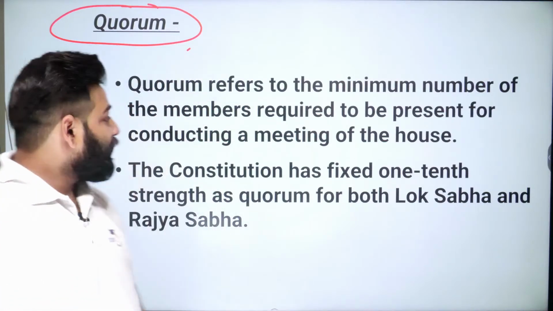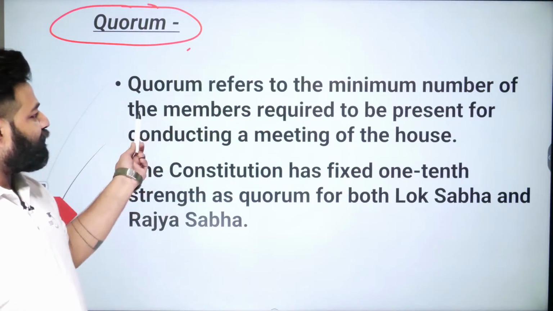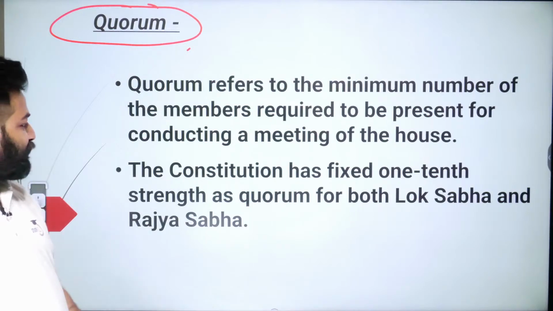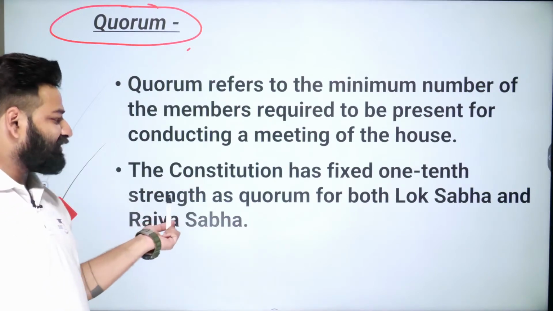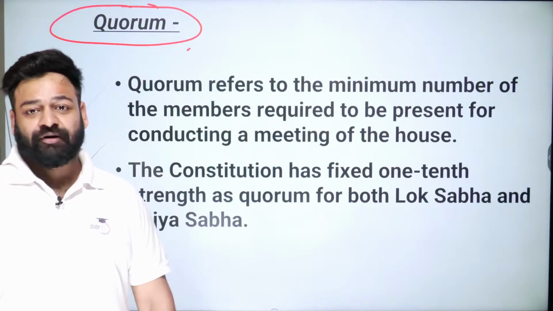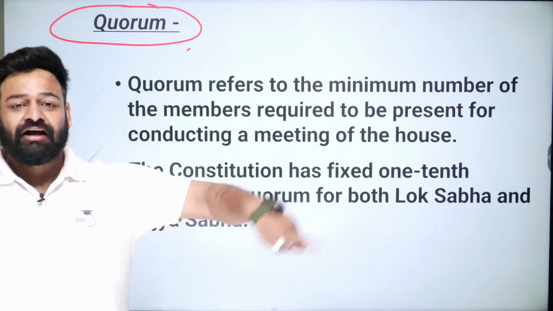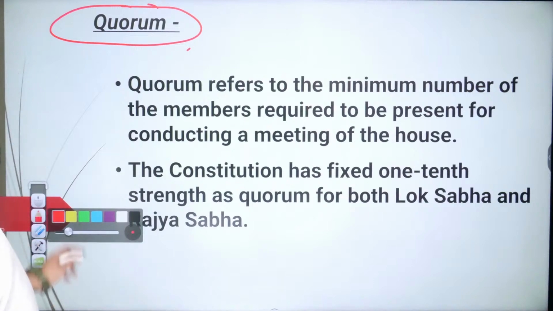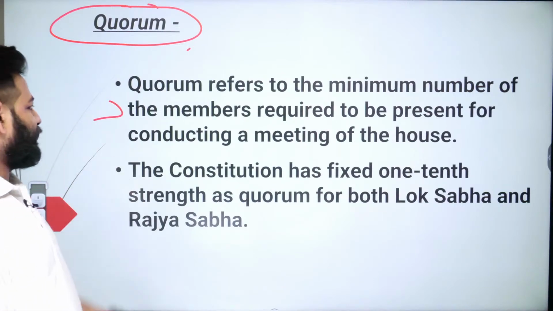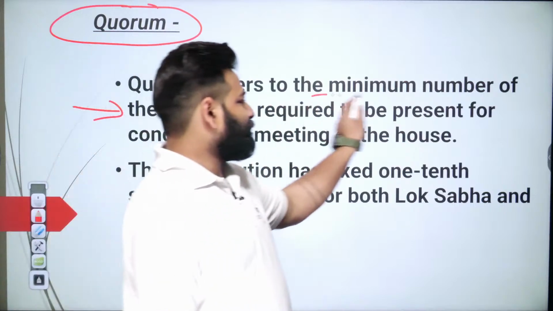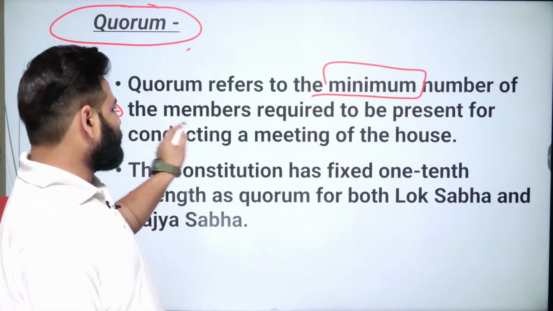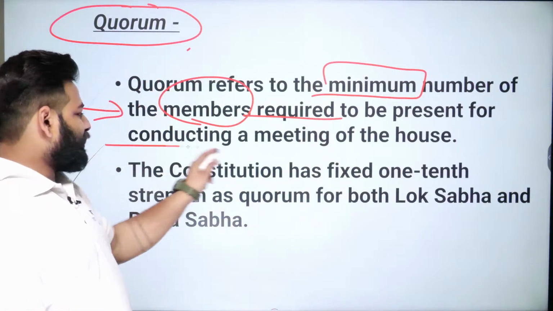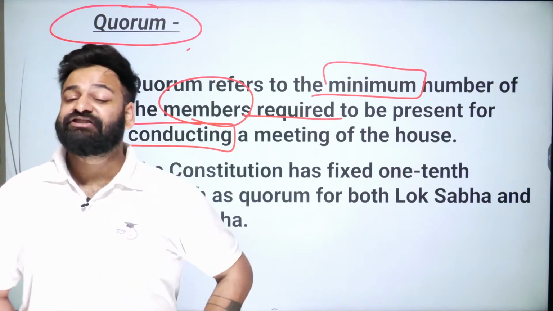So here we go. Quorum refers to the minimum number of members required to be present for conducting a meeting of the House. The Constitution has fixed 1/10 strength as quorum for both Lok Sabha and Rajya Sabha independently, not the combined strength, independently. So it is the minimum number of members required for conducting a meeting or the session of the House.